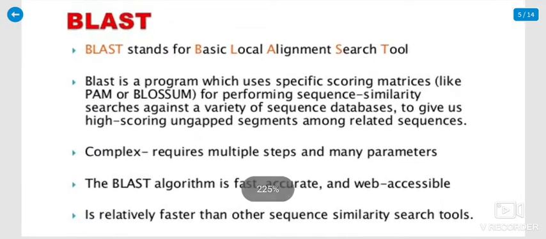BLAST stands for Basic Local Alignment Search Tool. BLAST is a program which uses specific scoring matrices for performing sequence alignment similarity searches over a variety of sequence databases, to give us high scoring aligned sequences and related sequences.